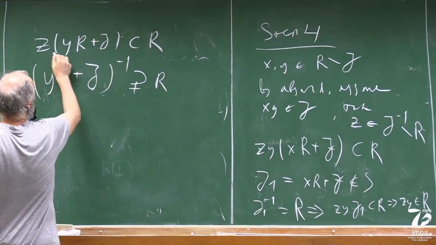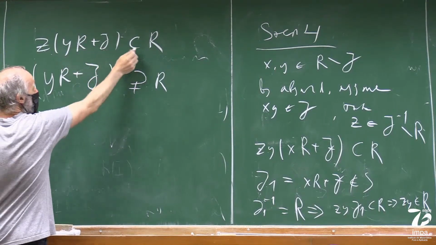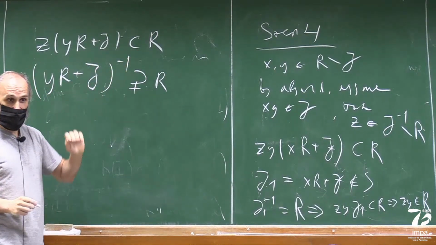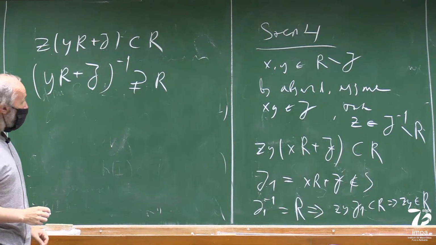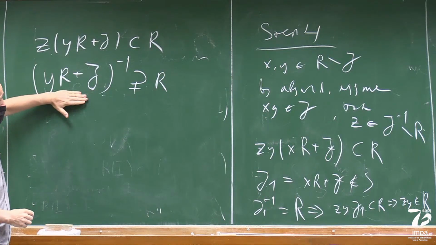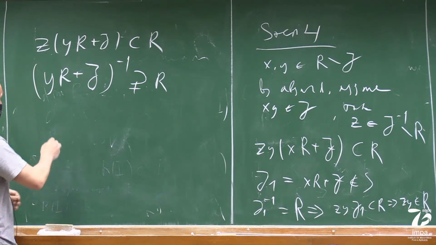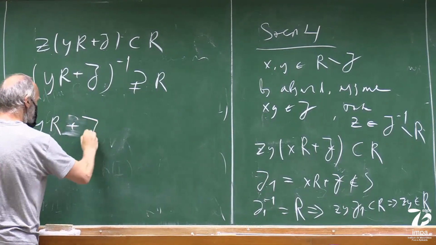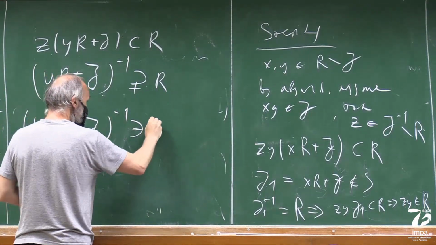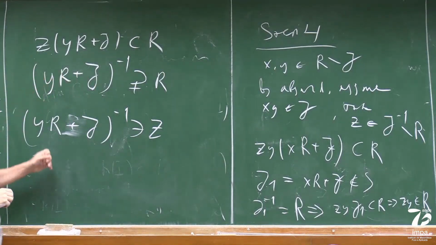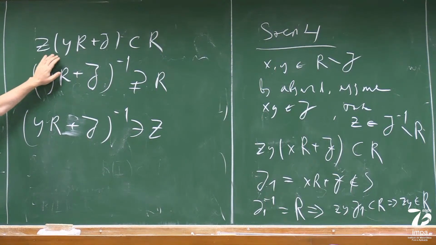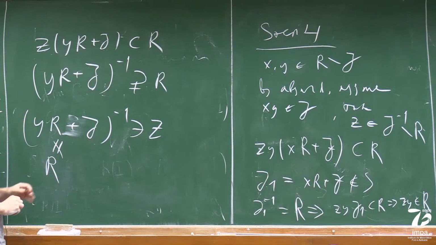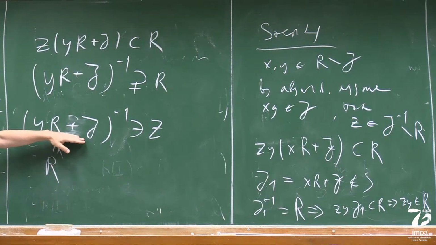Now we have z multiplied by this ideal belongs to R, because zy belongs to R and zJ belongs to R. Look at this ideal, (yR plus J) inverse, it contains z. Because of that, this ideal is not equal to R. This fractional ideal is not equal to R.